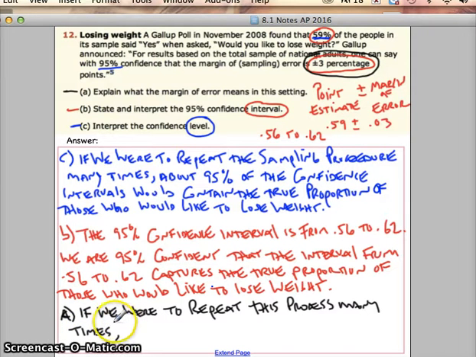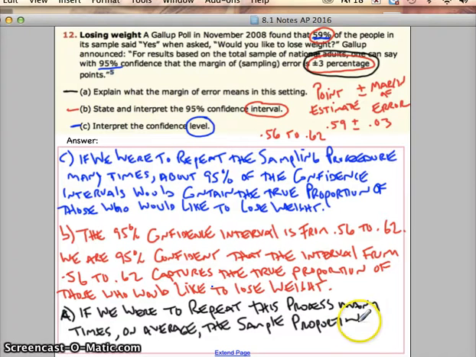So I'll repeat that. On average, the sample proportion would be within 3 percentage points of the true proportion.